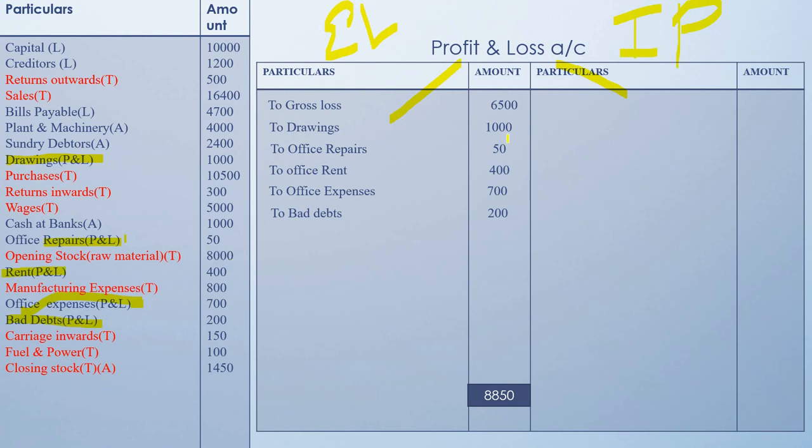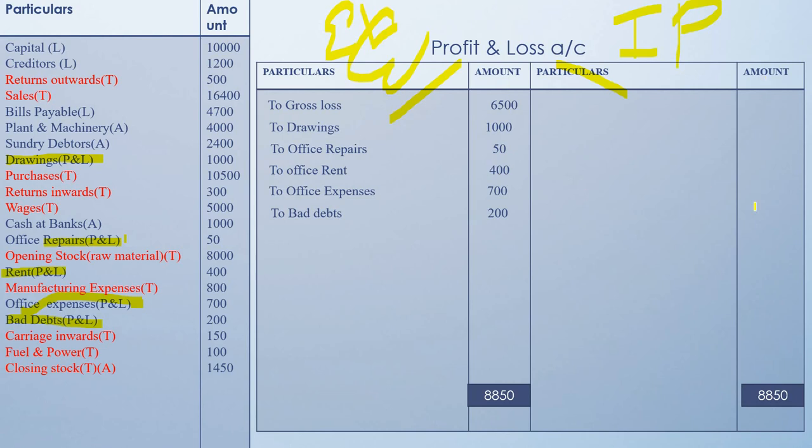Students, on the expenses side there are values, and on the income side there are no values. If you add all the expense items you get 8,850, and the income side has nothing, but according to the rule the debit total must equal the credit total.